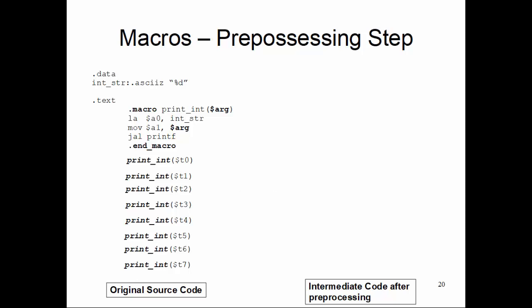So what does that mean? Let's say this is your original source code you are assembling. Before pass one, the assembler does a pre-processing step where it omits the macro definition. It just picks up this macro definition and stores it in intermediate storage in memory.